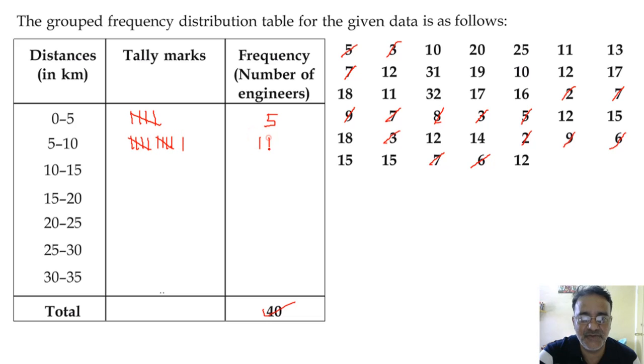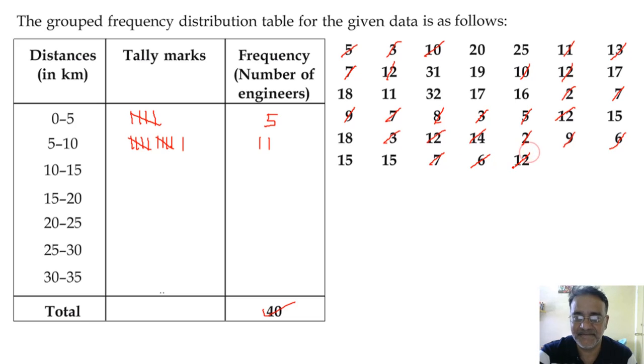Next is 10 to 15. 10 is included but 15 is not included. Okay, so we'll start with the first row. 1 2 3 4 5 6. Fourth row has one, 6 7 8 9 10.